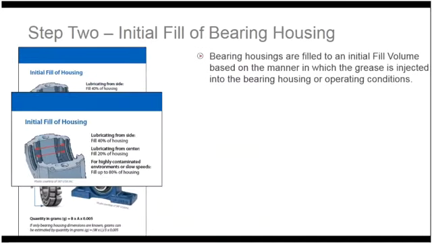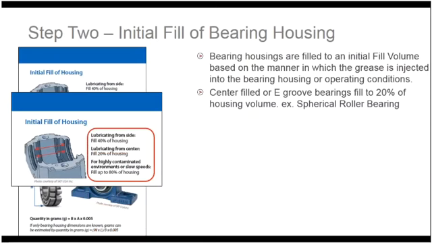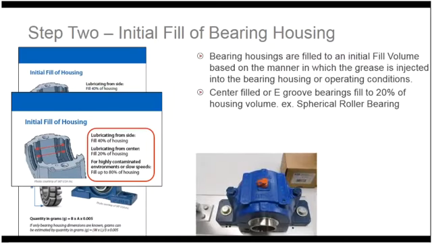Next is how much grease we actually put into the housing on the initial fill. For pillow block bearings, it's rather specific. We fill the pillow block bearing based upon where the zerk fitting or grease port is located on the housing. For center fill bearings, in this case directly through the E channel on the spherical roller, we fill the bearing housing to 20% of the bottom housing volume.